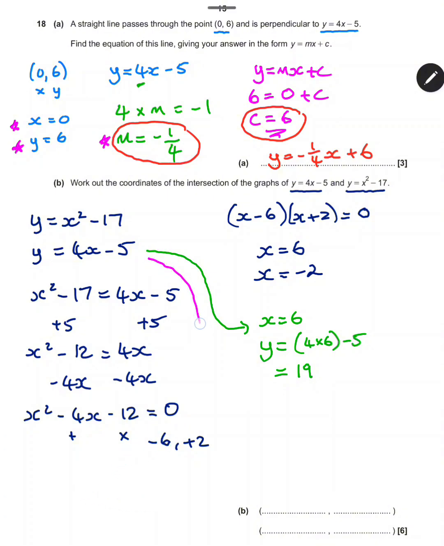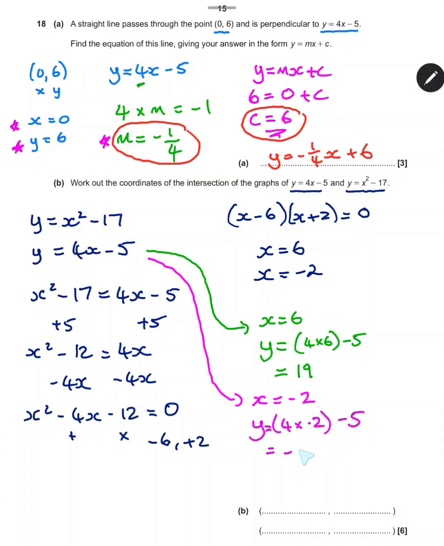Let's go again, but this time x equals -2. y will be the same: 4 lots of x becomes 4 lots of -2. Then take 5. And you get 4 times -2 is -8.